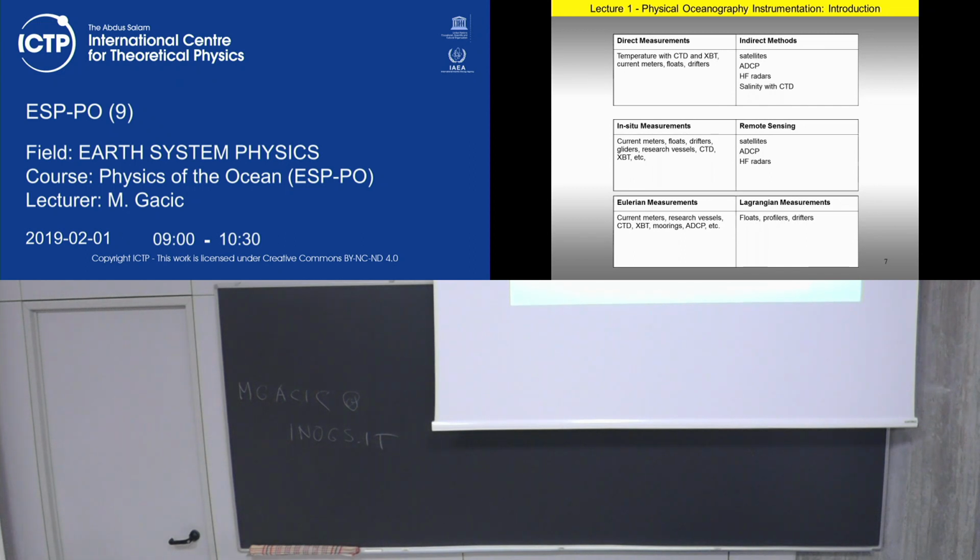You have the anemometer, which is fixed at the roof of this building, for example, and it measures at this specific point. If you want to measure by following the air or by following the current, then you do the Lagrangian measurement.